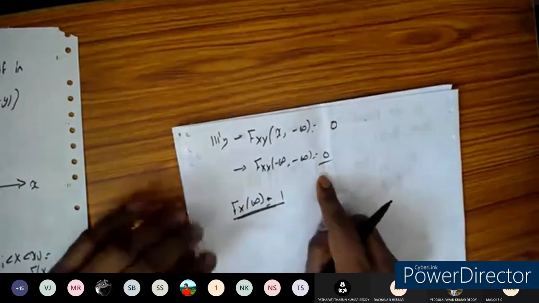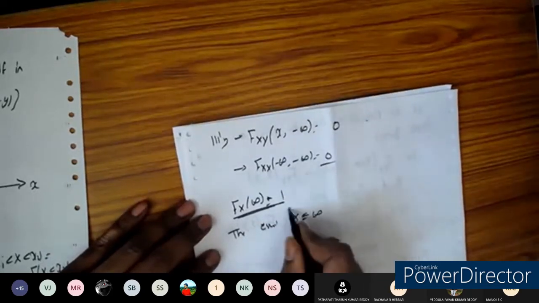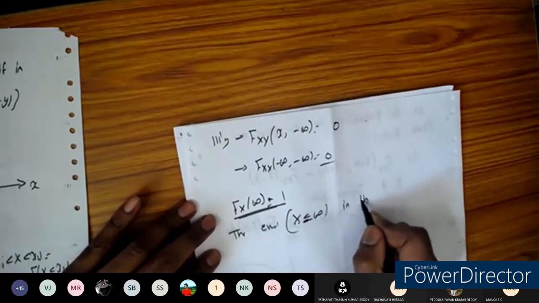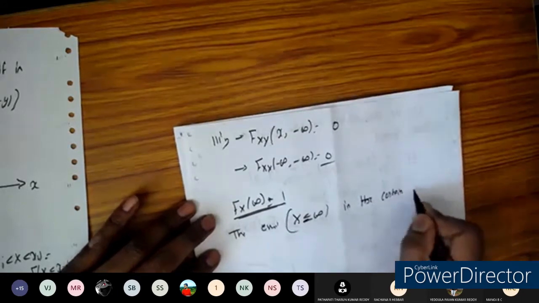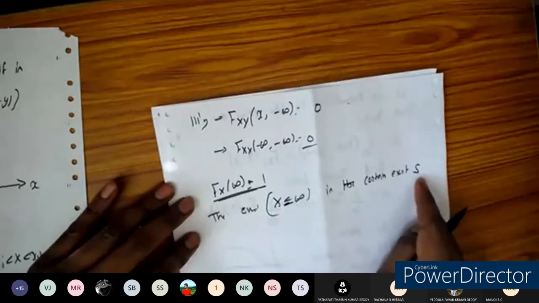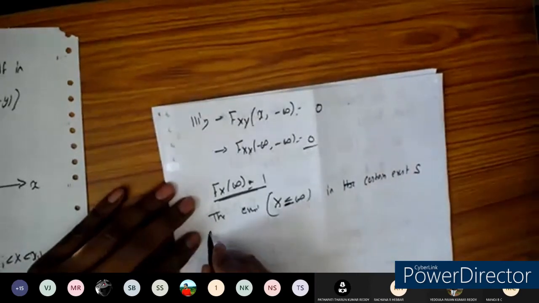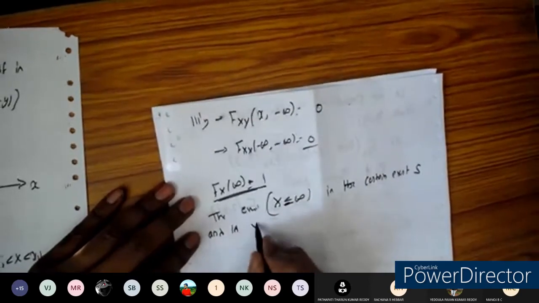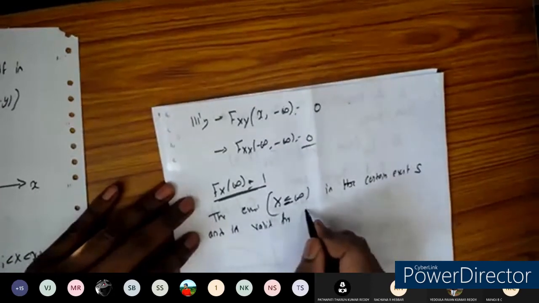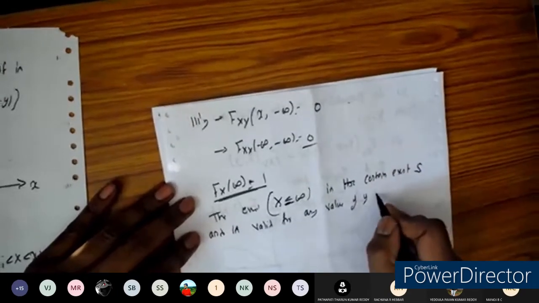So you can take the event X less than or equal to infinity, which is a certain event, a sure event. The certain event S is the set of all outcomes, and it is valid for any value of y on the xy plane.